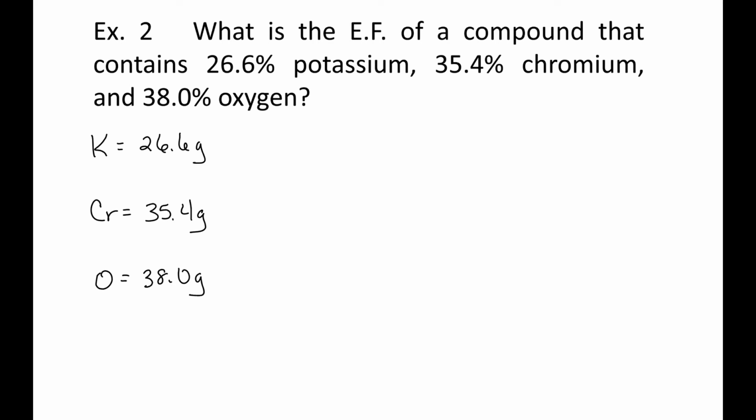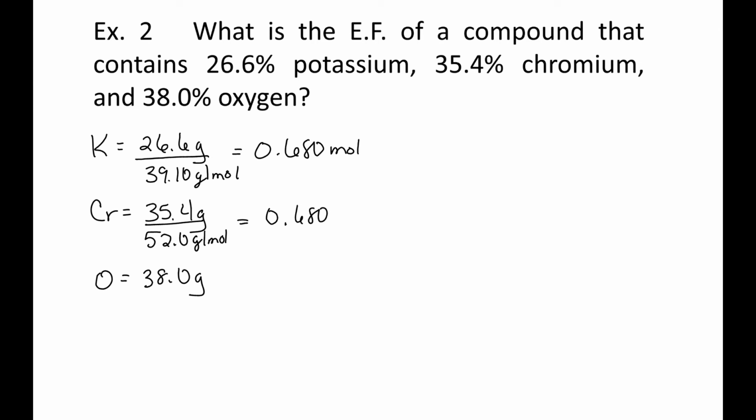Now, we need to divide everything by the molar mass. The molar mass of potassium is 39.10 grams per mole, so that gives you 0.680 moles. Chromium is 52.0 grams per mole, giving 0.680 moles.